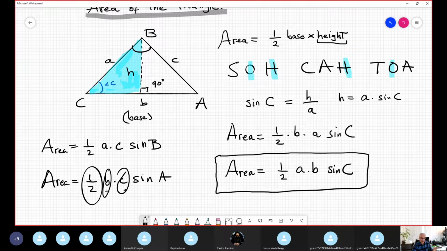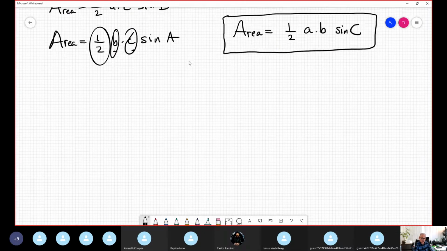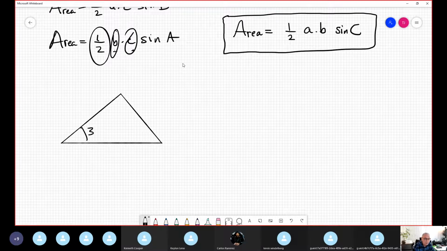Well, let's see one quick example. This is super easy. Suppose we have that triangle. This is angle 30 degrees. This side is 6, and this side is 8. Compute the area.